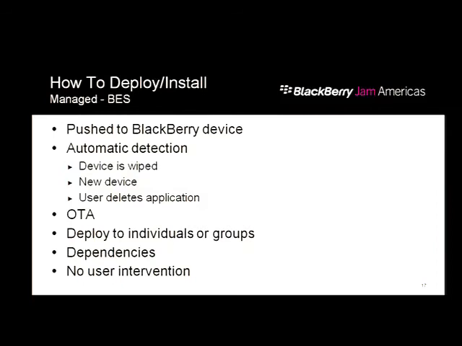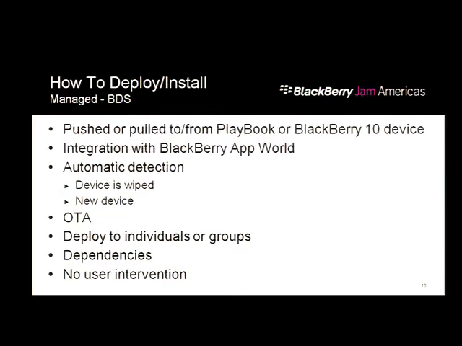And then we're continuing to evolve that also into the UDS experience as well. Hey, he hasn't, or he has downloaded, that type of thing. Dependencies I talked about in no user intervention. From a BDS, same thing again, pushed, pulled from the BlackBerry 10 or the Playbook.